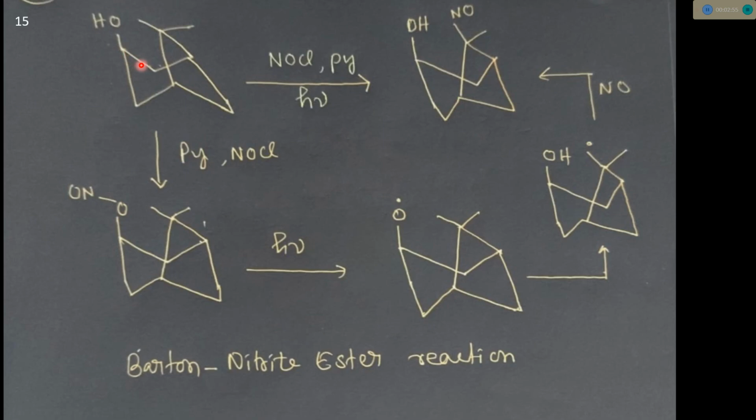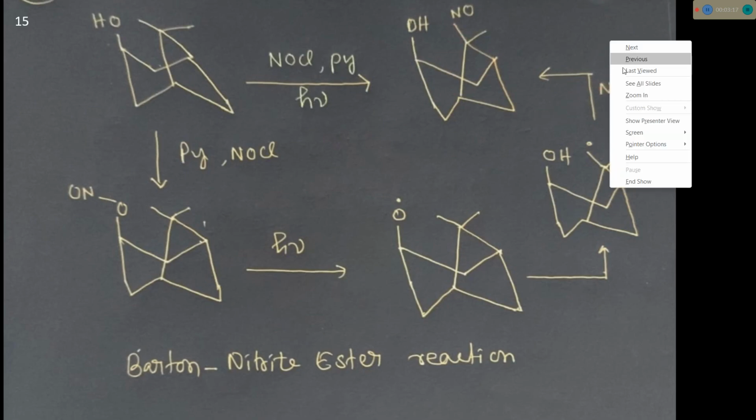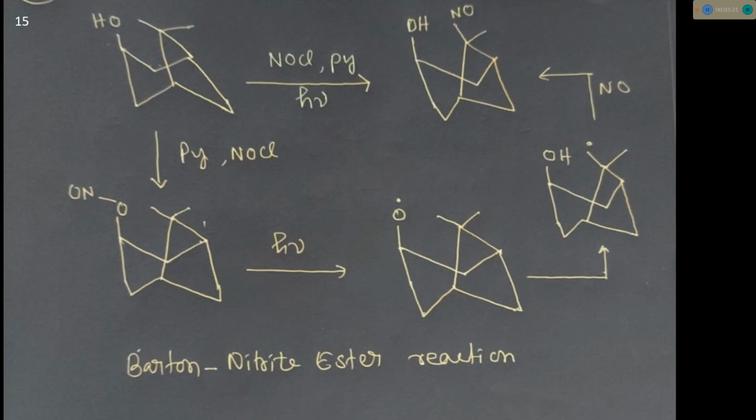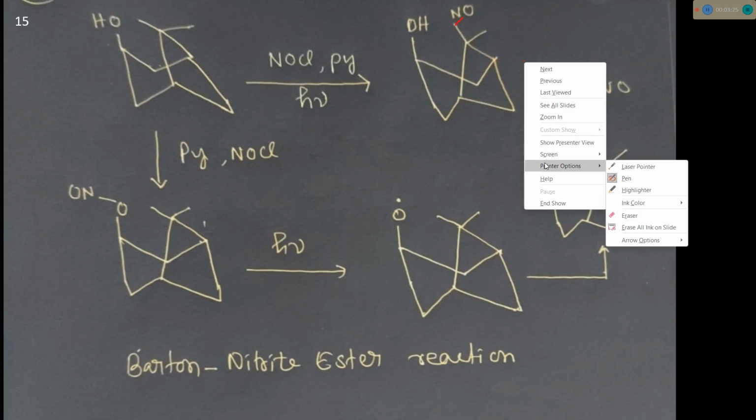This is alpha, beta, gamma, delta. This is the omega position. But according to the options, 2 options have the NO here, not in this way. So there should be a bond like this.